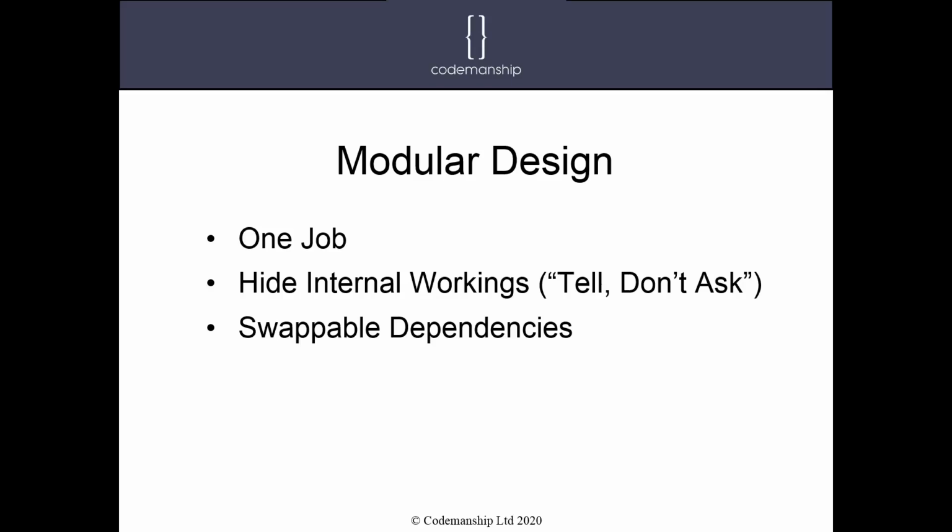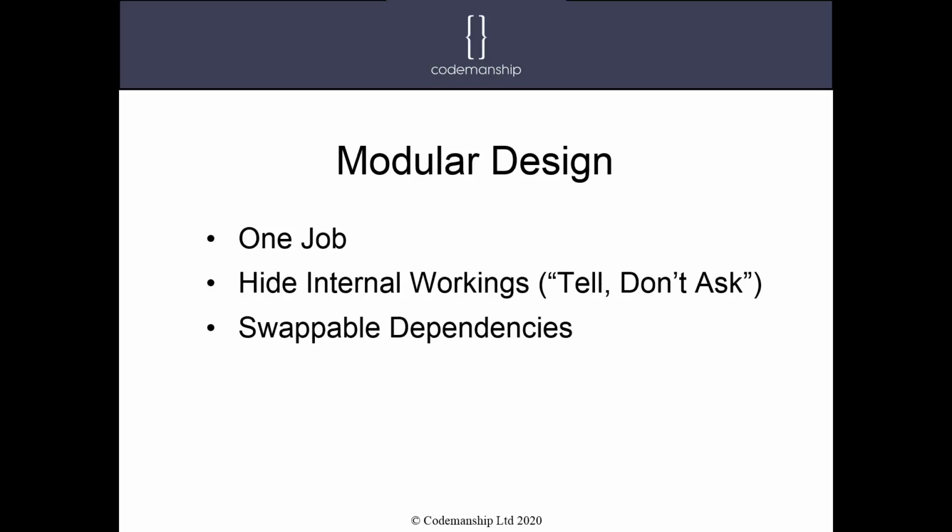And that is very, very important because that swappability allows us to create flex points, if you like, in the design where, for example, we could swap an Oracle database with a SQL Server database without having to rewrite our core logic. Because if that is neatly encapsulated behind a simple interface that is swappable by dependency injection, then we can have different implementations of data access that the business logic doesn't need to know about.